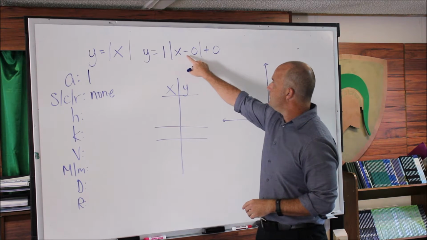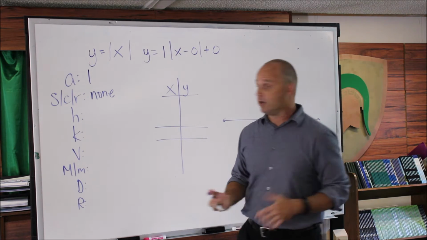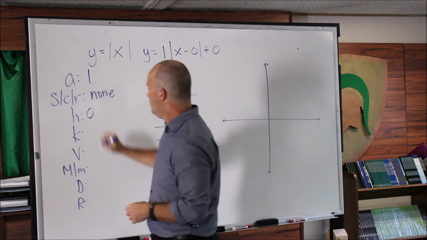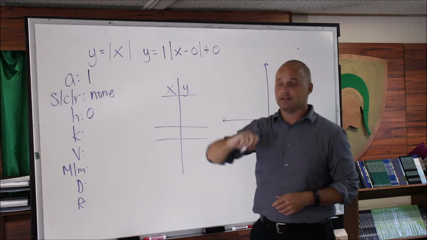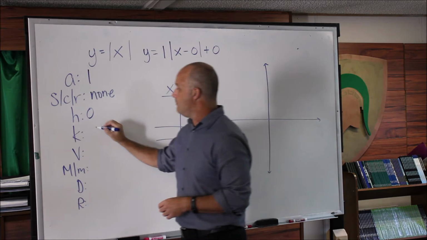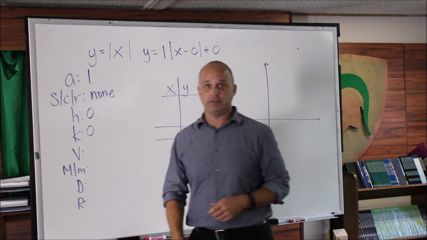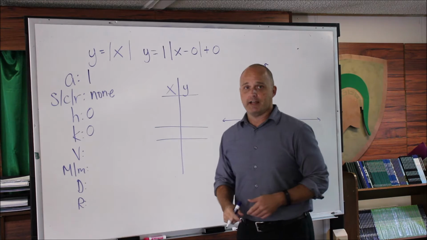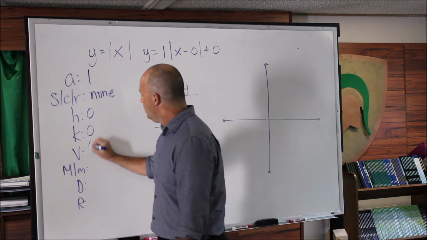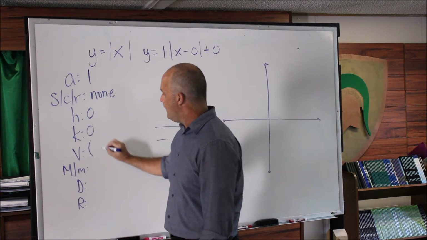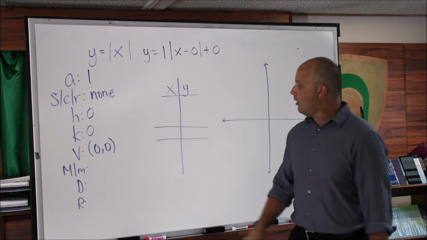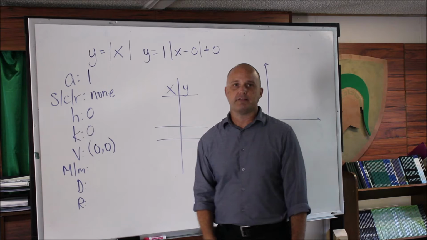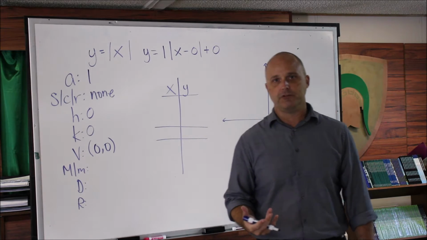Well, the h value doesn't matter that it's minus 0, it's just 0, because there's nothing there. The k value, since there's nothing being added or subtracted to the absolute value, that means the k value is automatically 0. Then your vertex is just going to be taking your h value and your k value and making it into an ordered pair. So we know that the vertex of this graph is going to be at 0, 0.